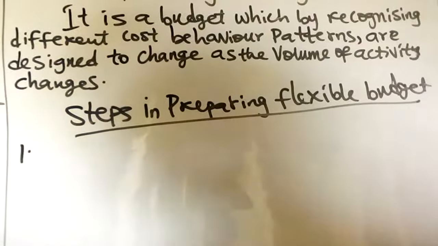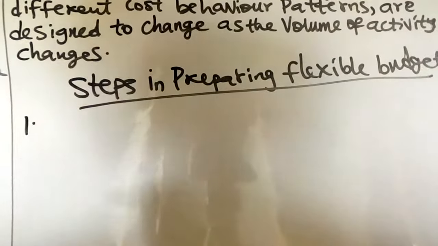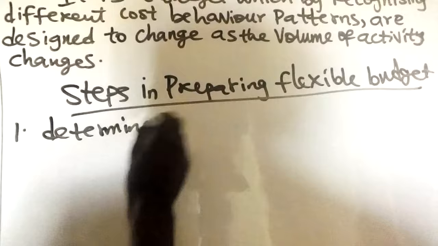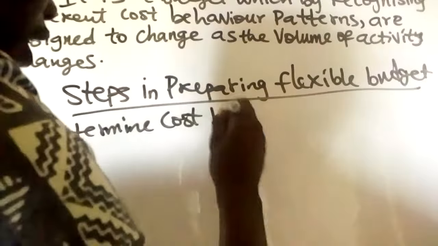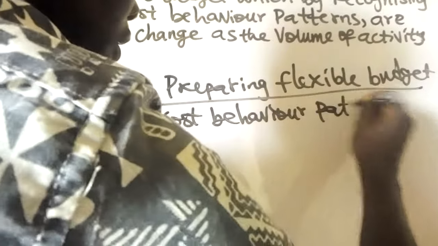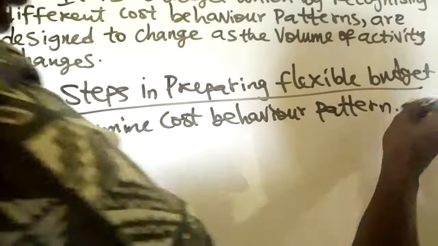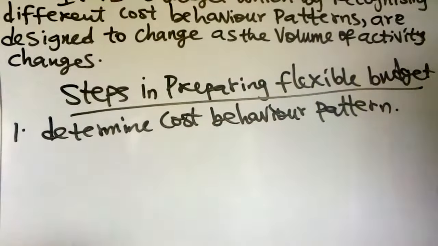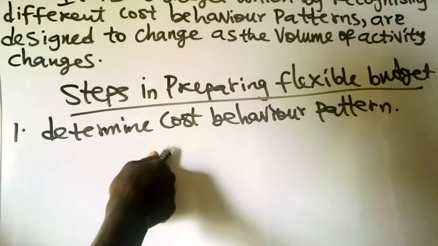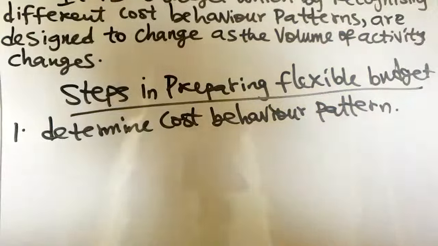Step 1, determine cost behavior pattern. That is, deciding whether costs are fixed, variable, or semi-variable.